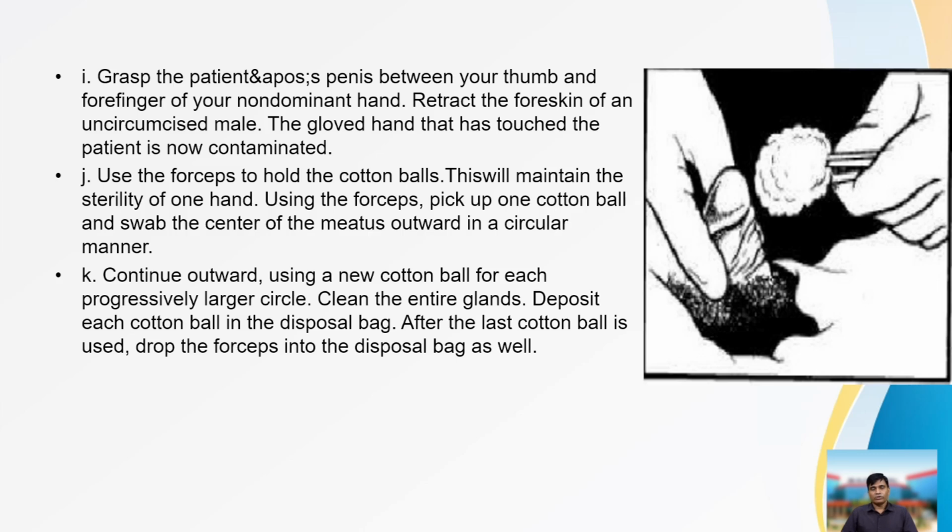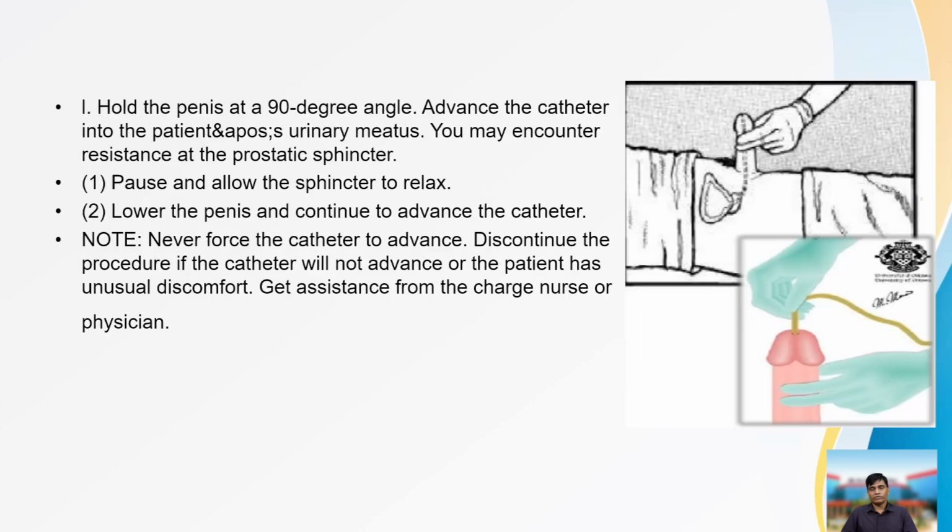Continue outward using a new cotton ball for each progressively larger circle. Clean the entire glans. Deposit each cotton ball in the disposable bag. After the last cotton ball is used, drop the forceps into the disposable bag as well.